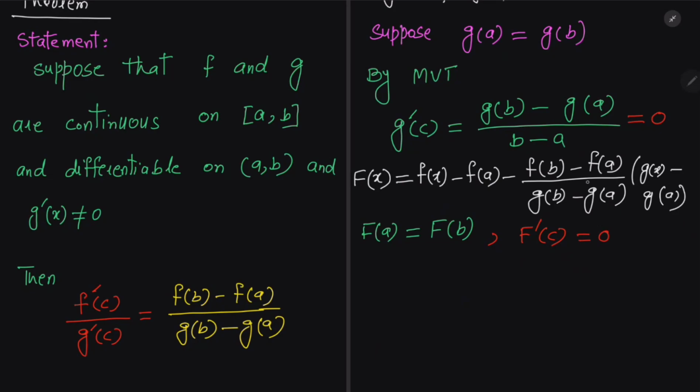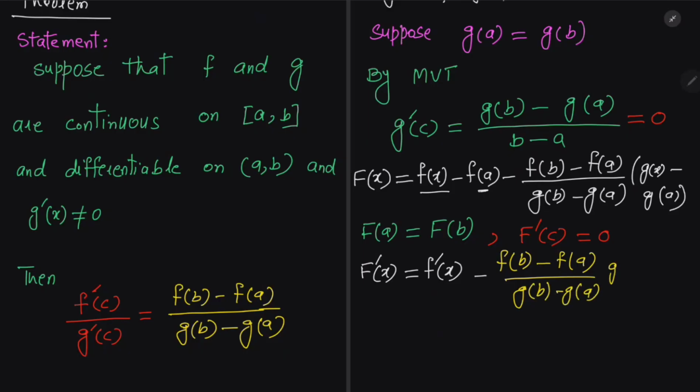So what we do, we differentiate this equation. When we differentiate, we get F dash x is equal to the derivative of this function, f dash x. This is just a constant, minus this value, which is also just a constant. So we have f of b minus f of a, over g of b minus g of a, times g dash x.